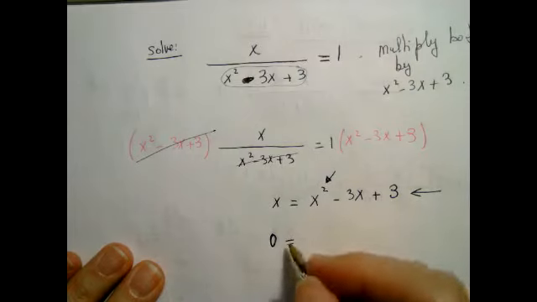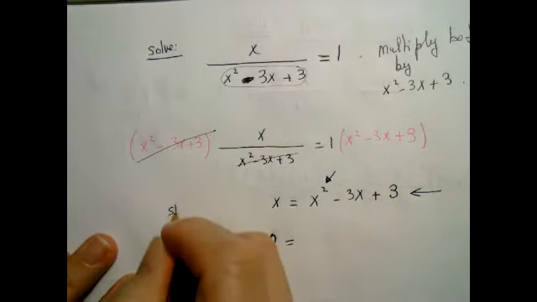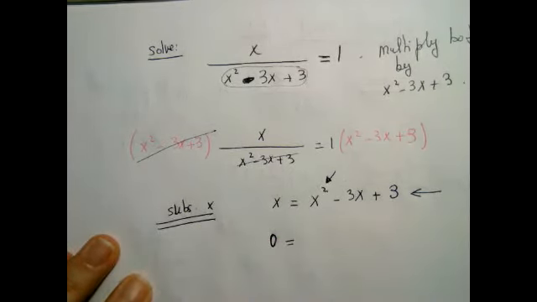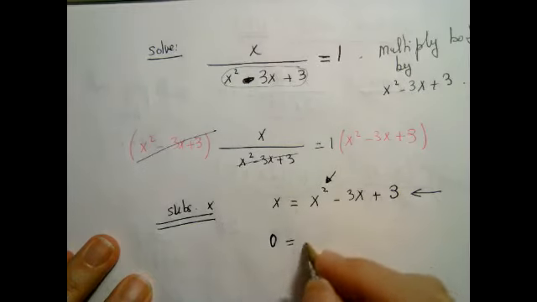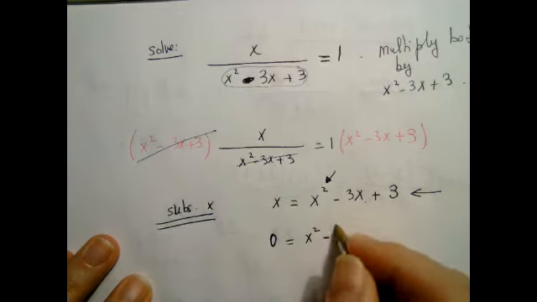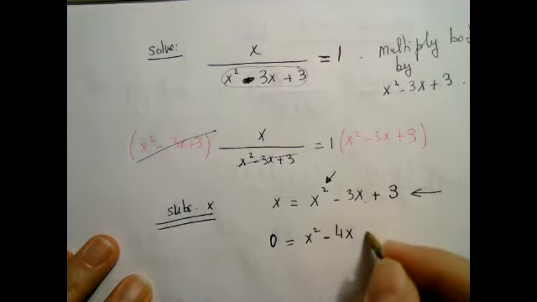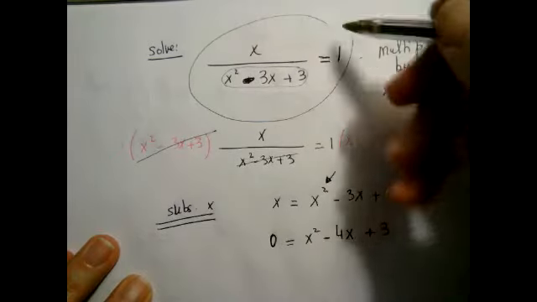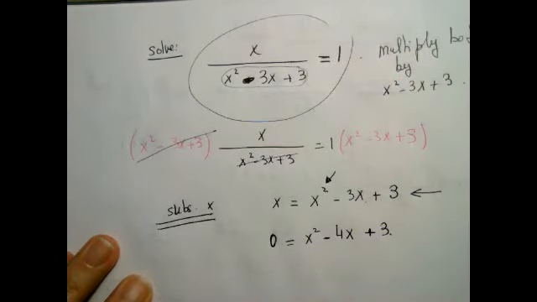Right, so to be able to make it 0, we're going to take away x from both sides, because I want this to be 0. So it will give me x squared. If I take an x from here, I'm going to have minus 4x plus 3. So a problem which looks on the surface quite complicated was not that much.